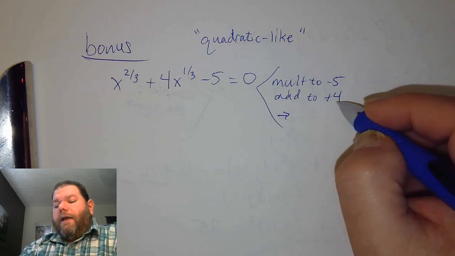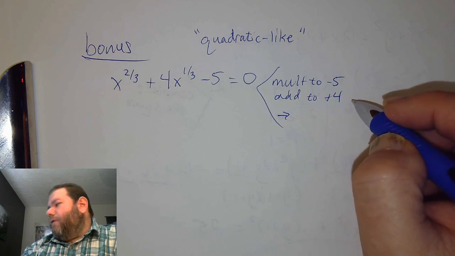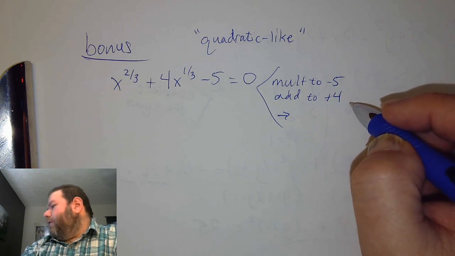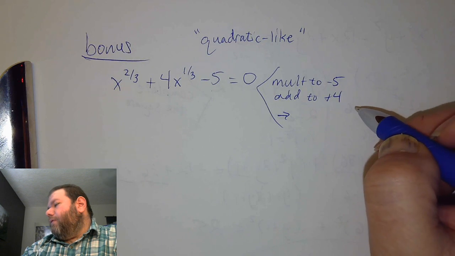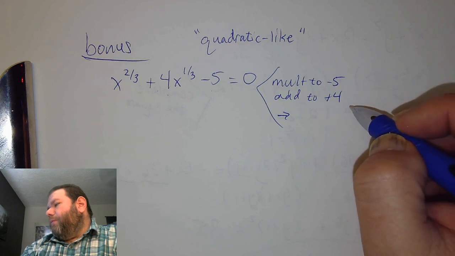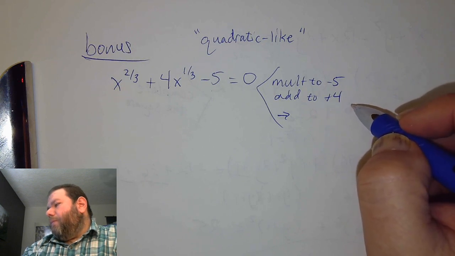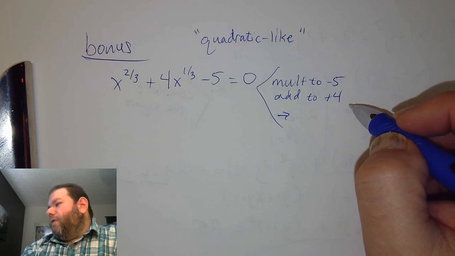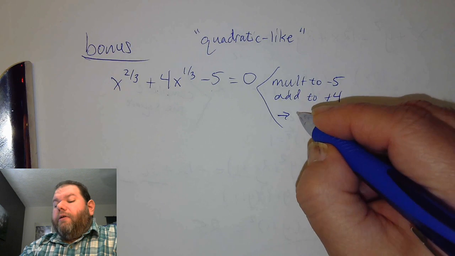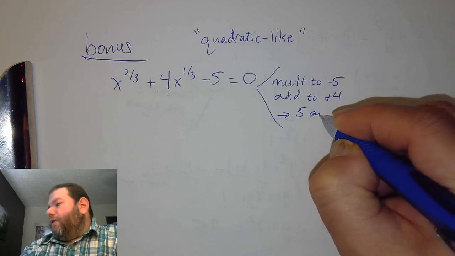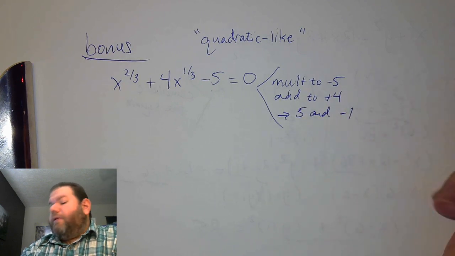Close. Remember, they add to a positive 4. There you go. Yeah, it's 5 and -1.